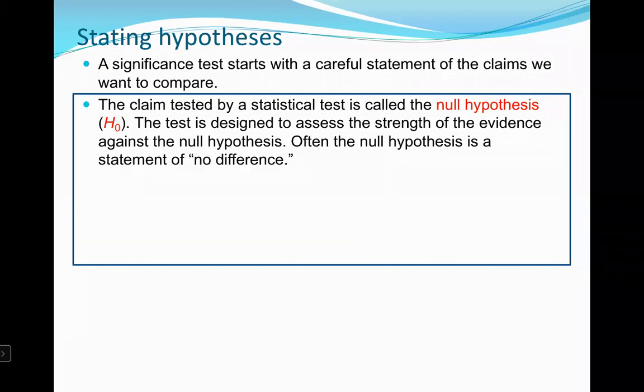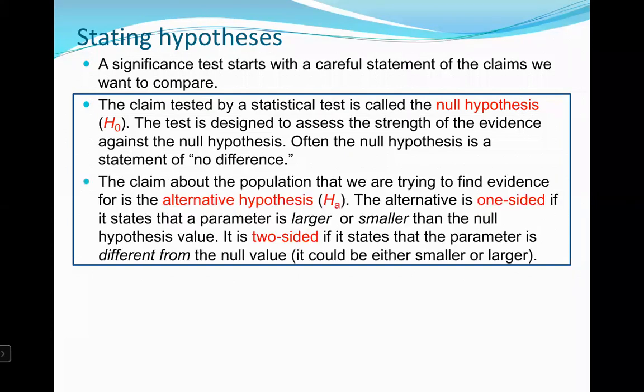Often the null hypothesis is the statement of no difference. The claim about the population that we are trying to find evidence for is the alternative hypothesis, or HA, the H with the subscript A.